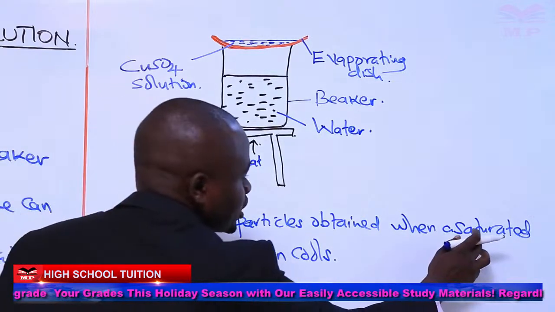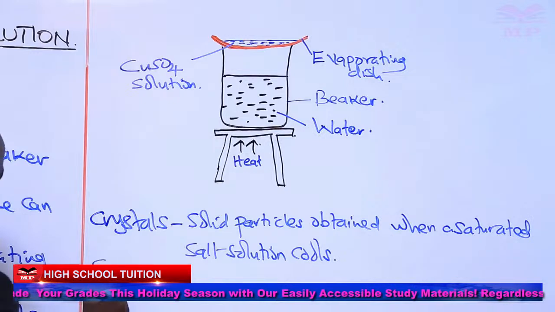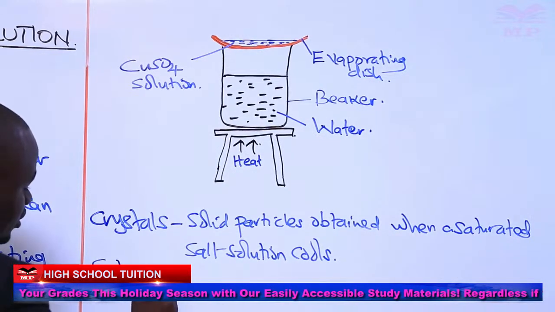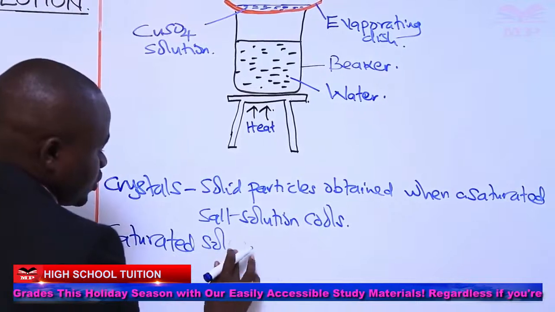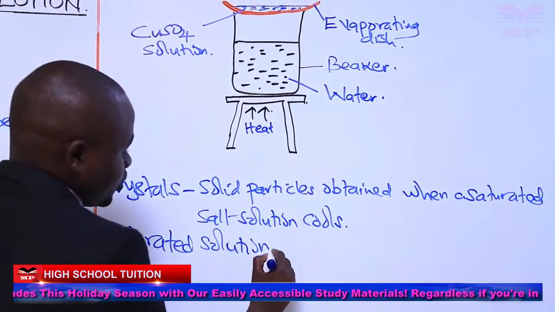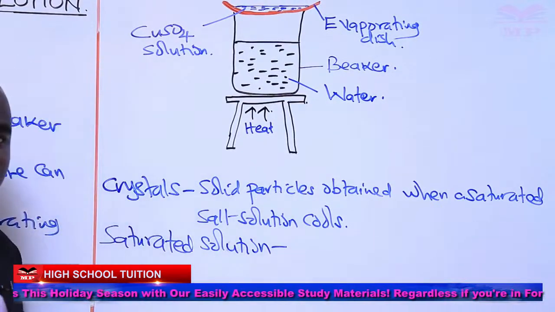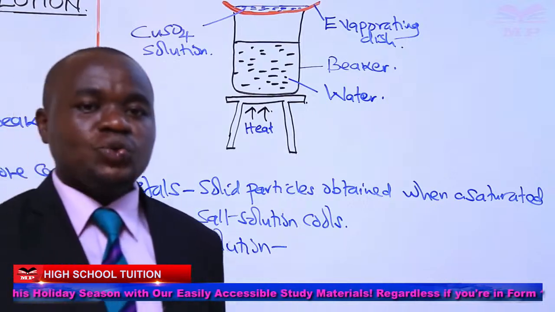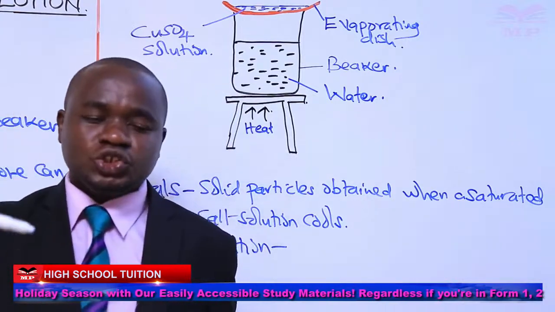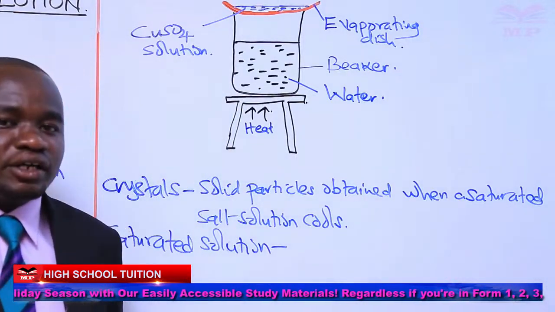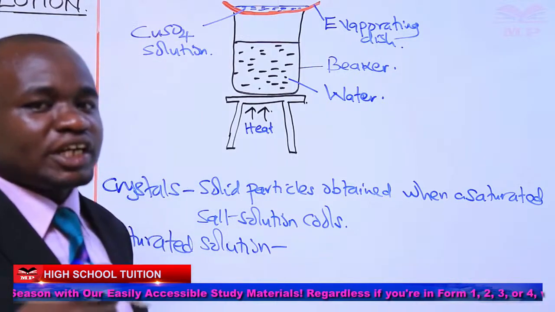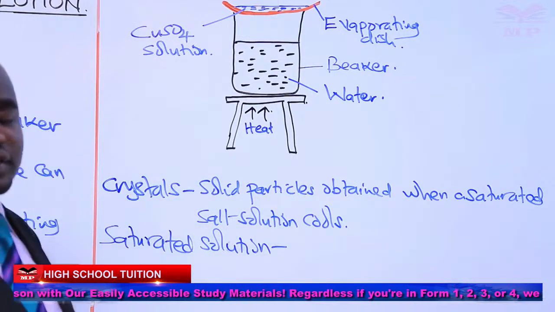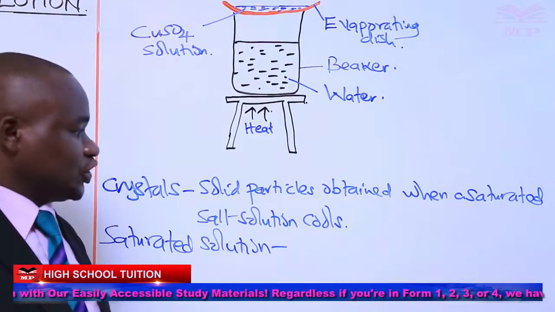We also have this word saturated solution. Let's also define it. Saturated solution. So remember, in our procedure there is somewhere we mentioned and said you add copper sulfate, continue adding until no more can dissolve. So at that point where no more copper sulfate can dissolve, we say such a solution is saturated.